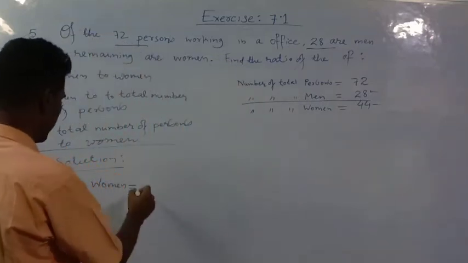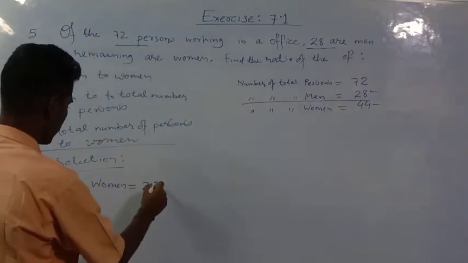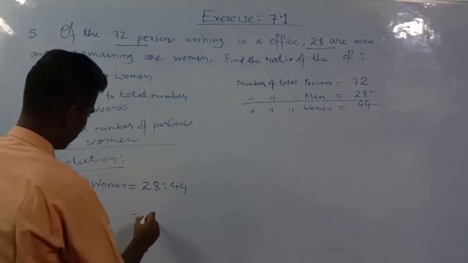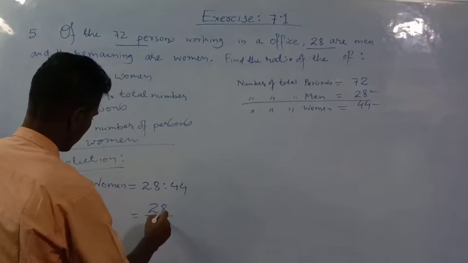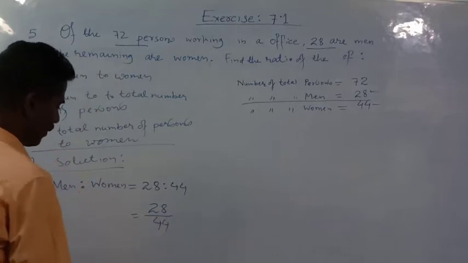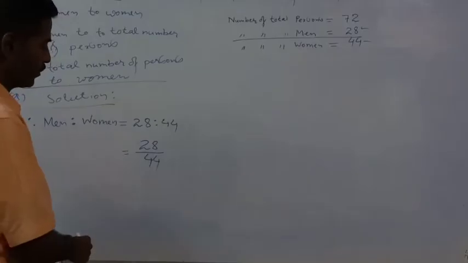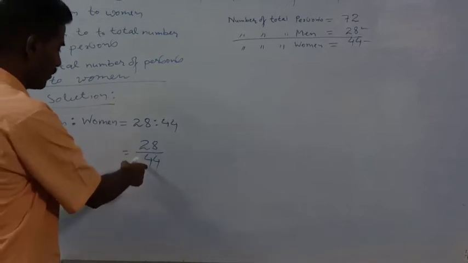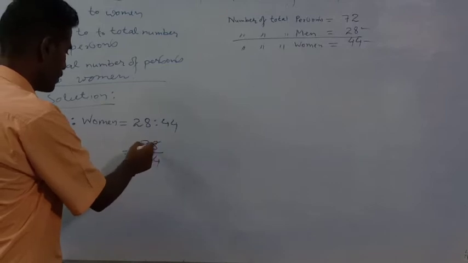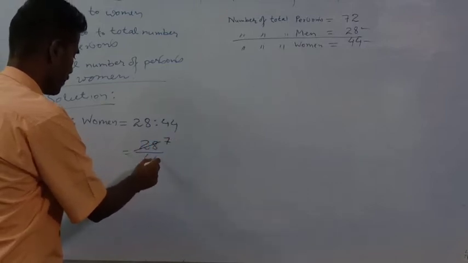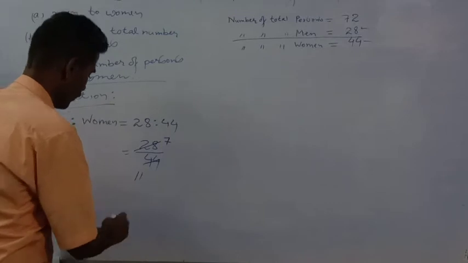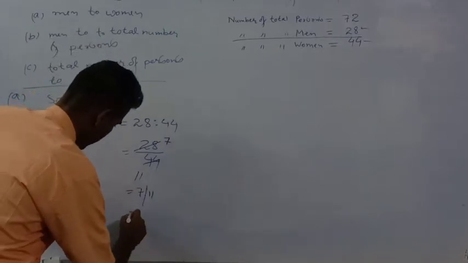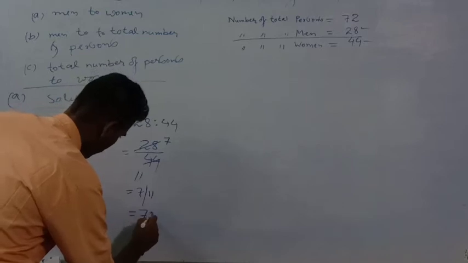So 28 is to 44, equal to 28 by 44. Here the common divisor is 4. With 4 you can divide both 28 and 44. 4 times 7 is 28, 4 times 11 is 44. So what we got? 7 by 11. So you can write 7 is to 11.